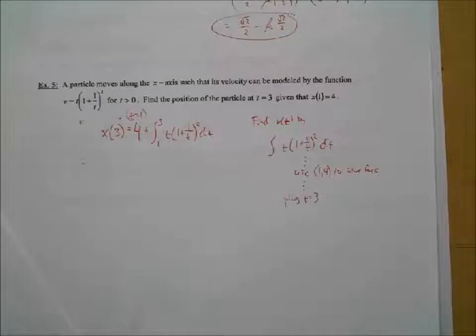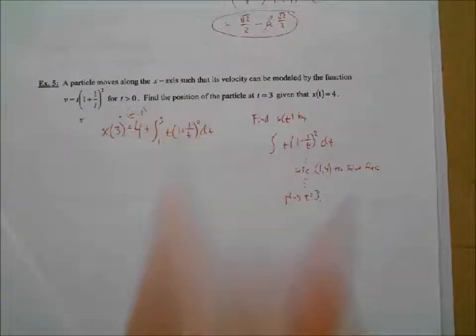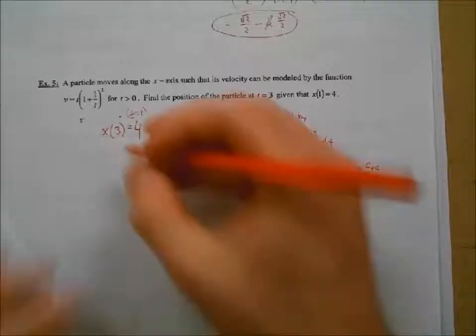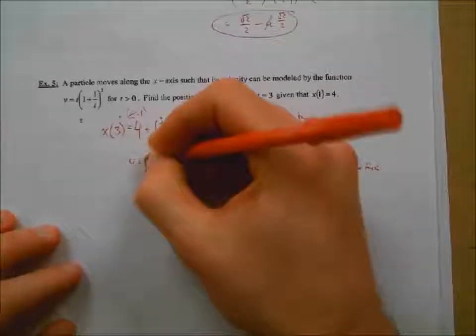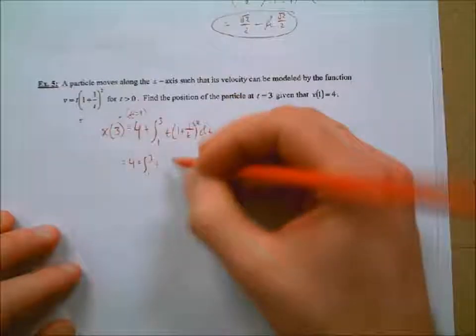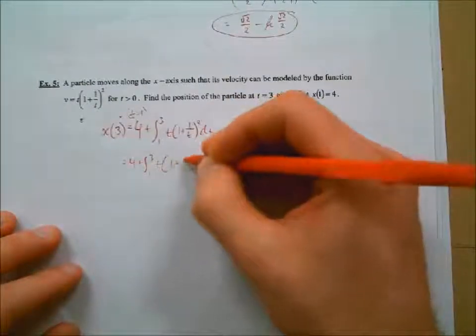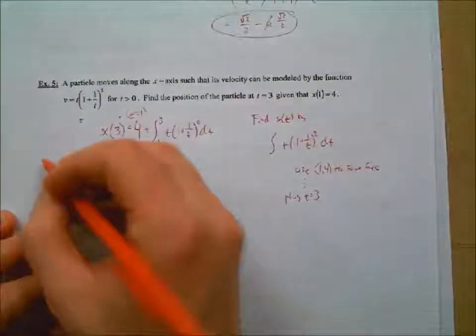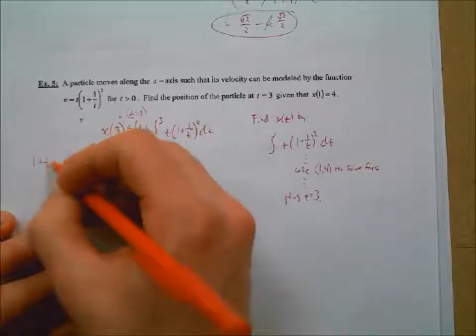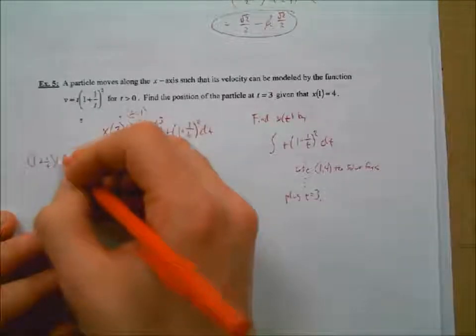So how should we proceed to integrate this thing? Ideas here. Square it out. Multiply it out. All right, let's try that. I'll do it over here on the side. 1 plus 1 over t times 1 plus 1 over t.